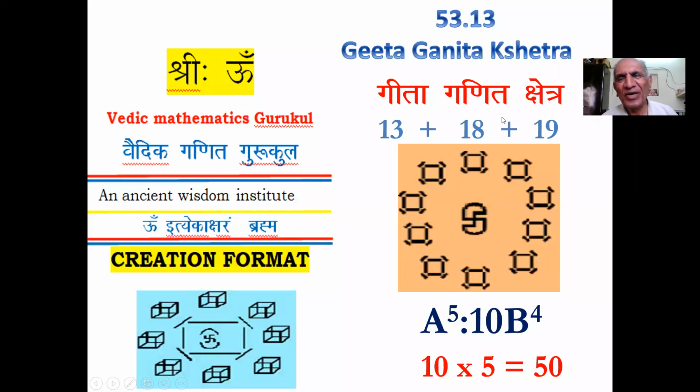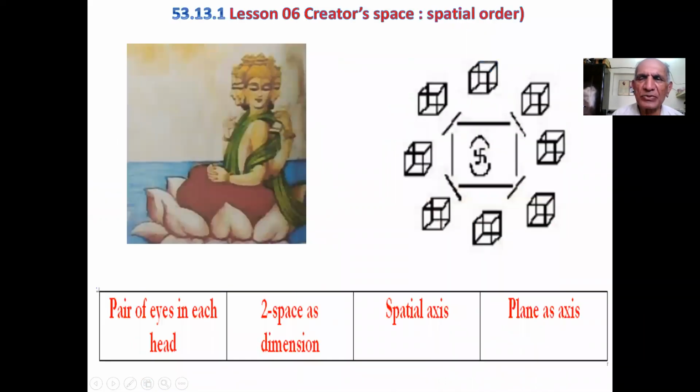Welcome. We are continuing initiation to visit features of mathematical domain of the text of Gita. In the previous lesson, we have exposed ourselves to the distinguishing features of creator's space.